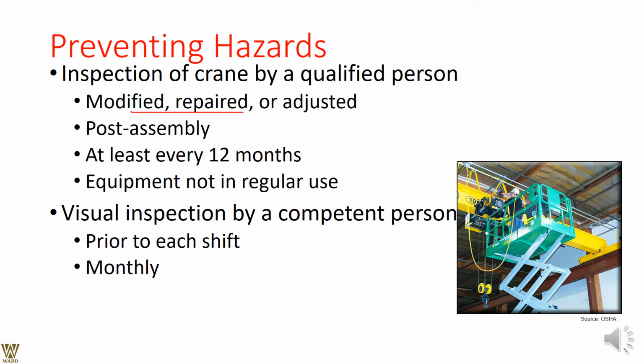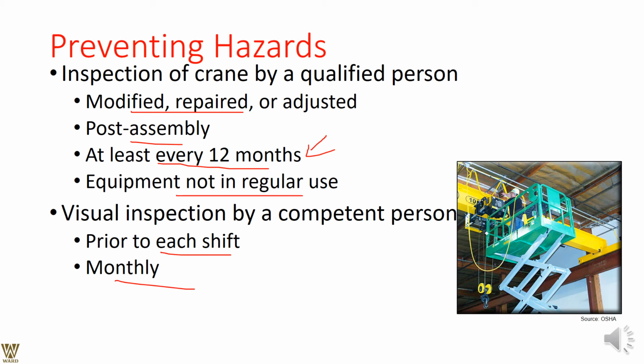Modified, repaired, or adjusted post-assembly, at least every 12 months. For equipment not in regular use, definitely a visual inspection by a competent person prior to each shift, and on a monthly and annual basis, so we take preventive measures altogether.